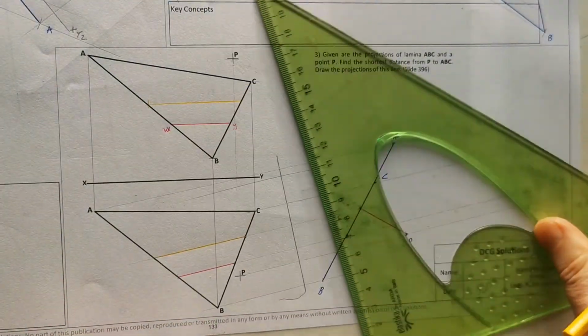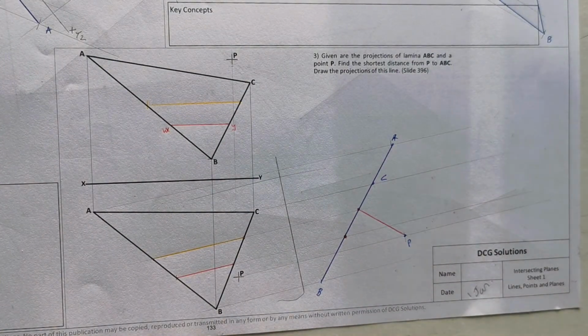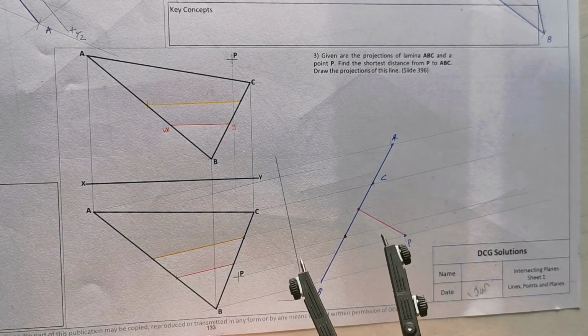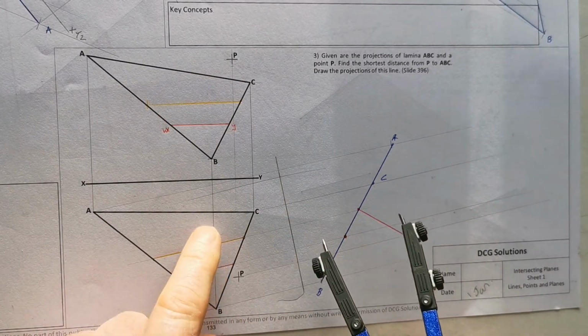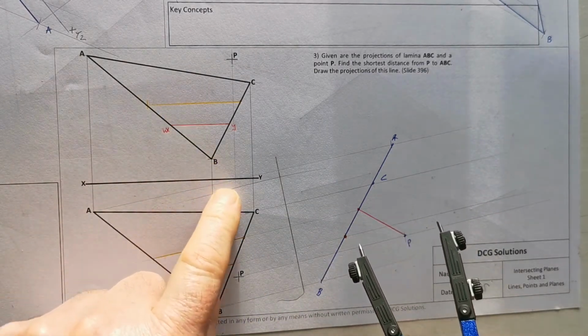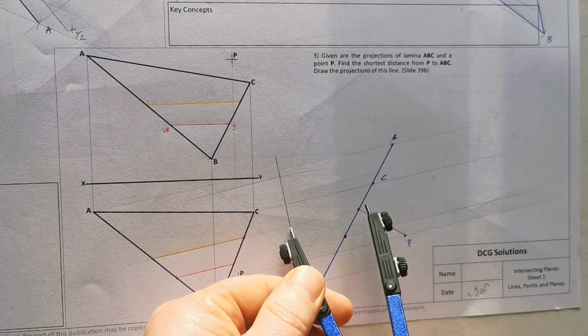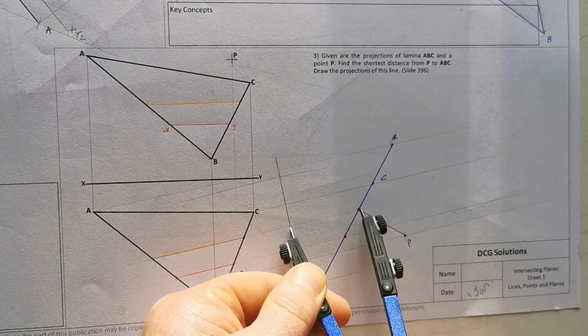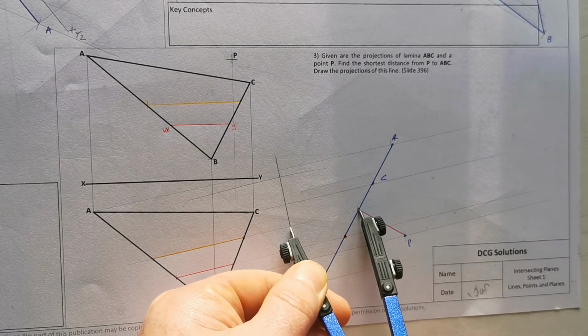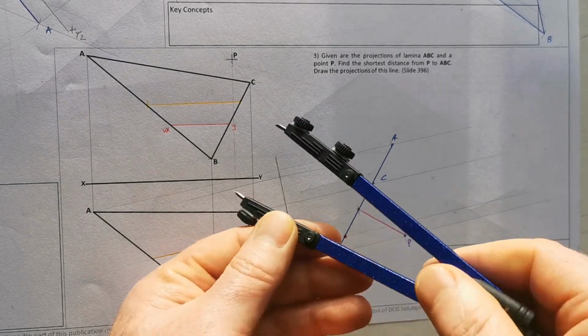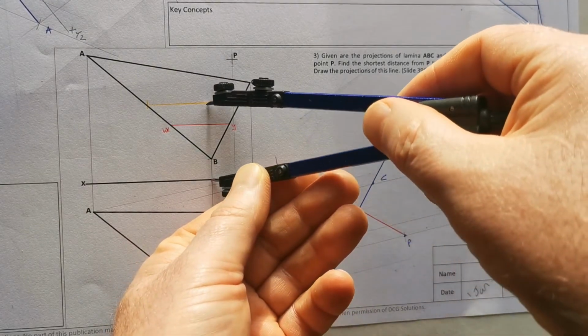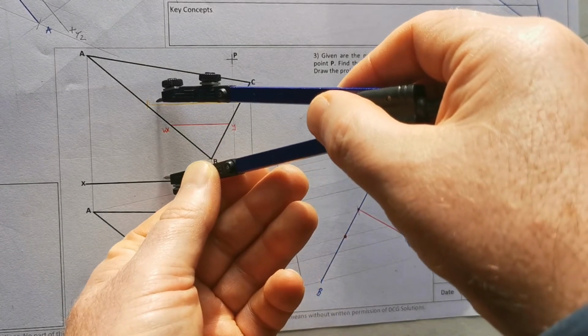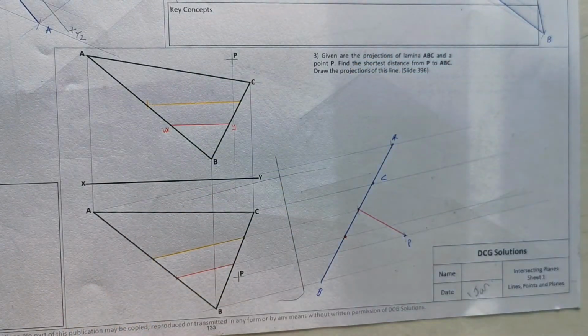is the solution. Now, what I could do there is, seeing as we were taking distances from there, I could take that distance and step it up here, but you can see it's almost parallel there, it's very close.